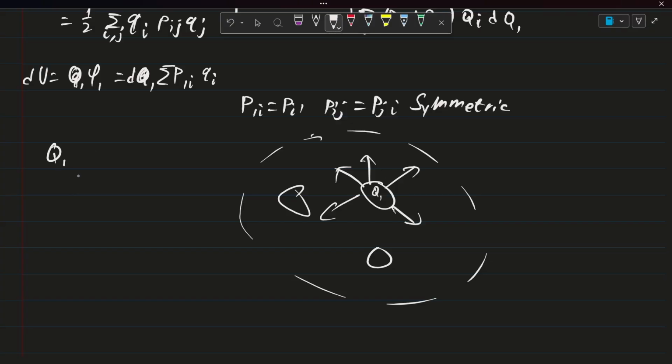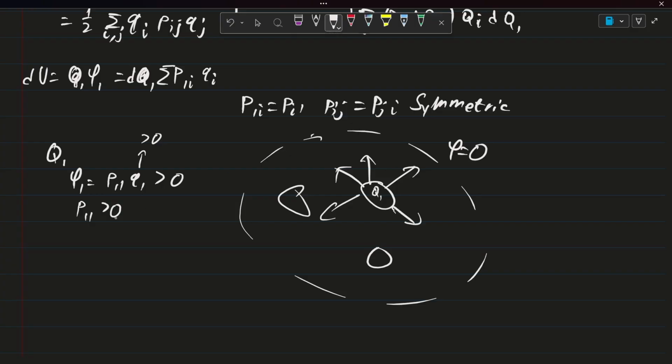So this would mean that your phi 1, which is P11 times Q1 here, has to be greater than 0, because at a very far field, phi is going to be 0. So obviously your phi 1 should be higher than this 0. And this would mean that P11 must be greater than 0 because Q1 is greater than 0 as well. So what you see here is that if the entry is the same, the value should be greater than 0.